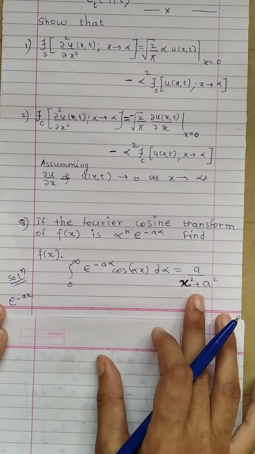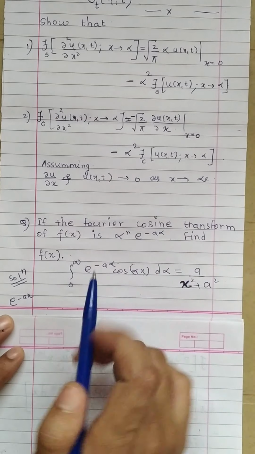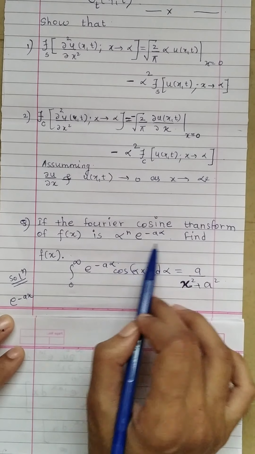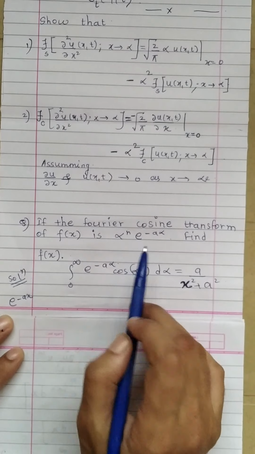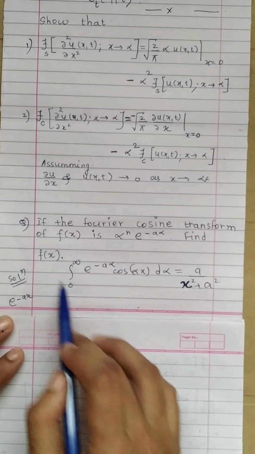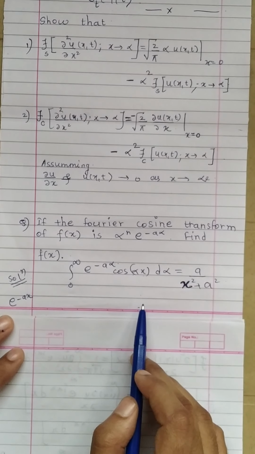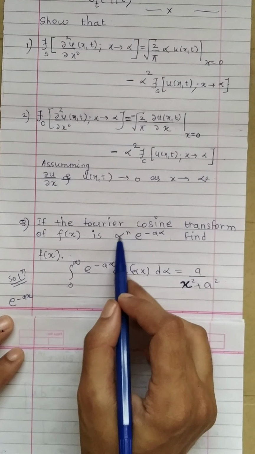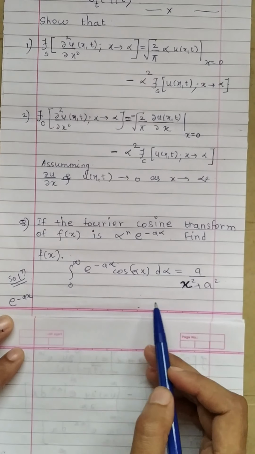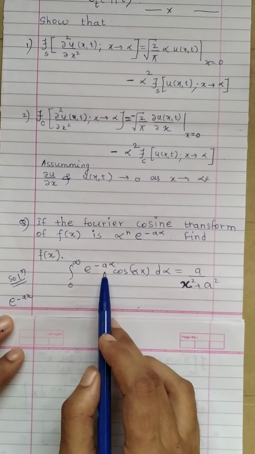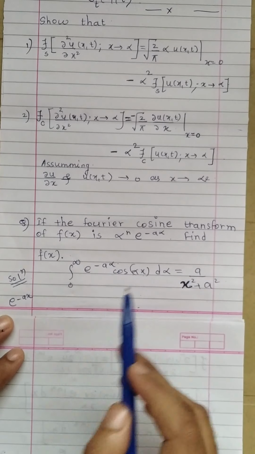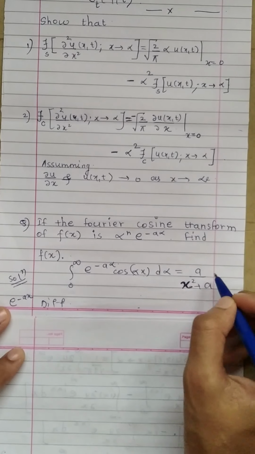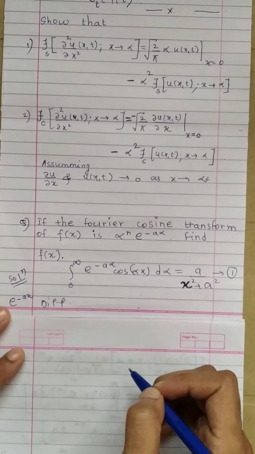Now what we want is to find out f of x, and the Fourier cosine transform of f of x is already given to us. So if we differentiate this with respect to a n times, we want somehow alpha to the n, no? So if we differentiate it with respect to a n times, what will happen here? Let's name that equation as 1.